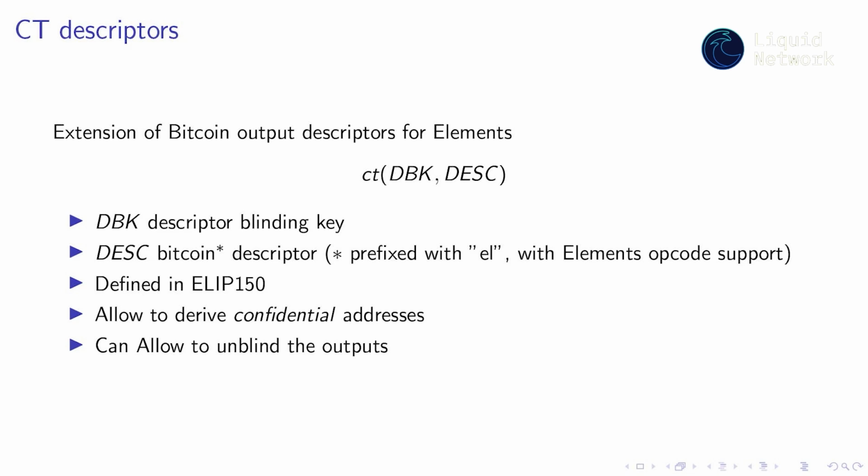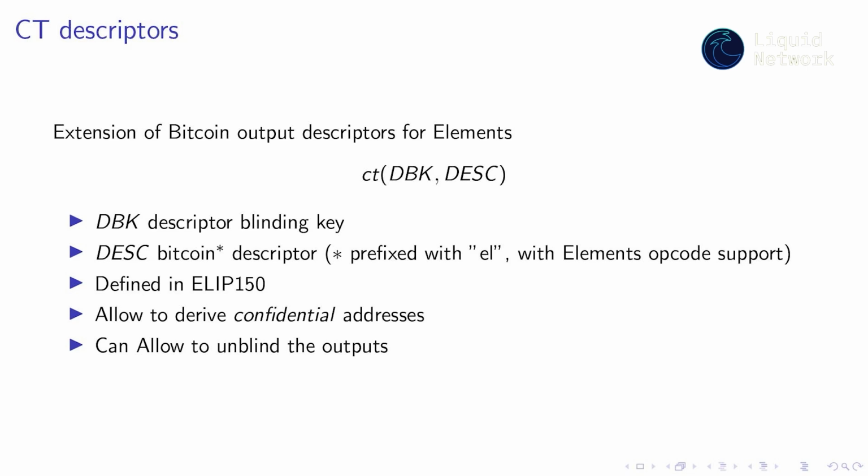It's defined in ELIP 150. The ELIP repo is growing, and it contains a lot of information about the standards that we want people to use, and that should facilitate interoperability among Liquid wallets.